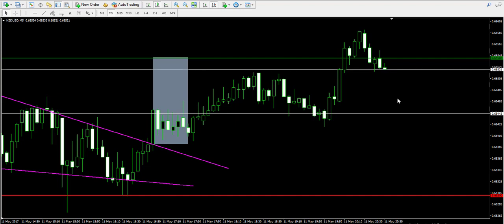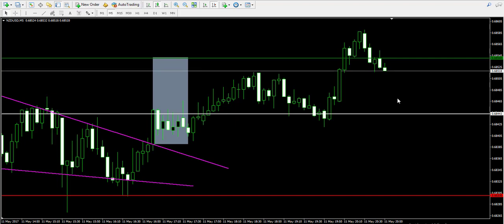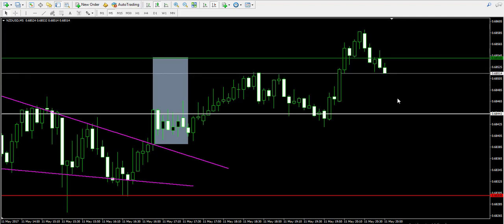When I divide this number by the entry point, 0.6844, I get a result of 0.00146113. And when I multiply this number by 100, I get the percentage profit from this trade, which is approximately 0.15% pure profit.